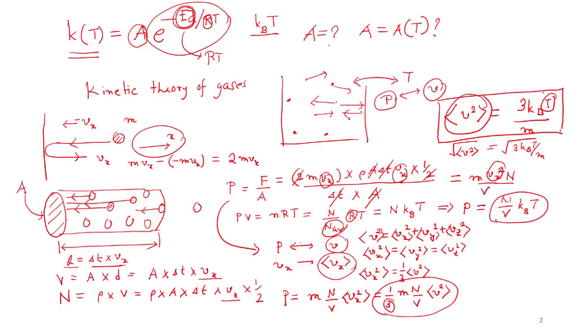So far we have discussed the essence of the kinetic theory of gases, and how pressure can be formulated by assuming that the gas is composed of a number of molecules which are constantly moving around.